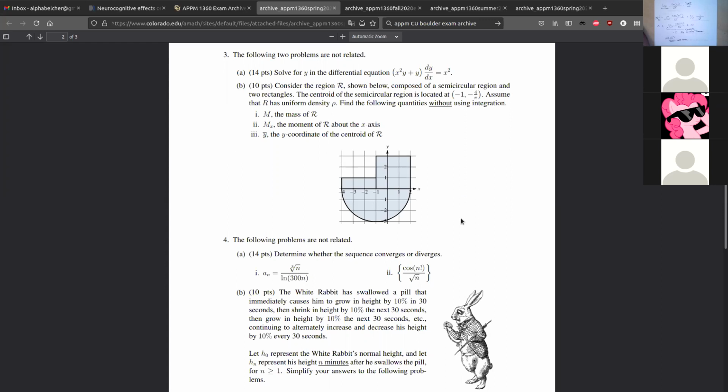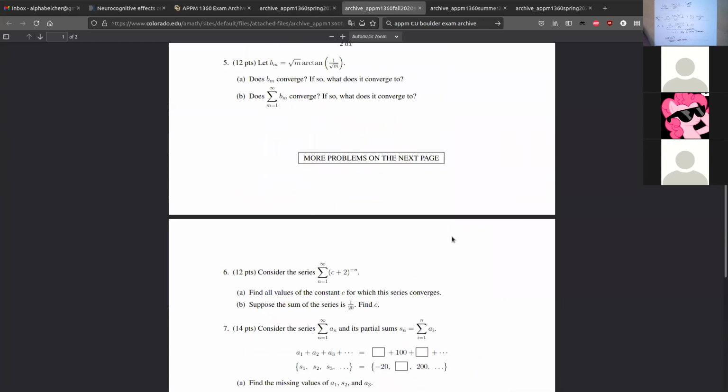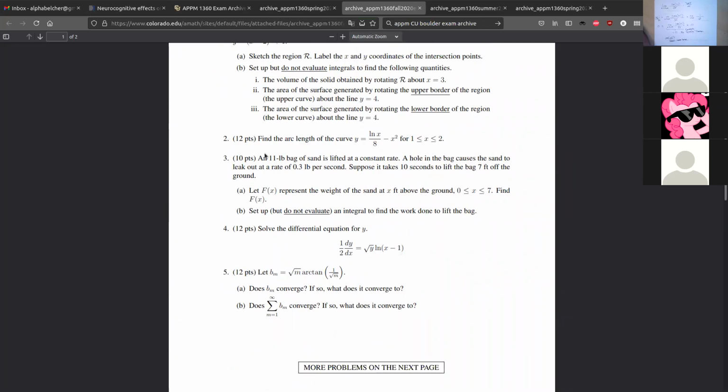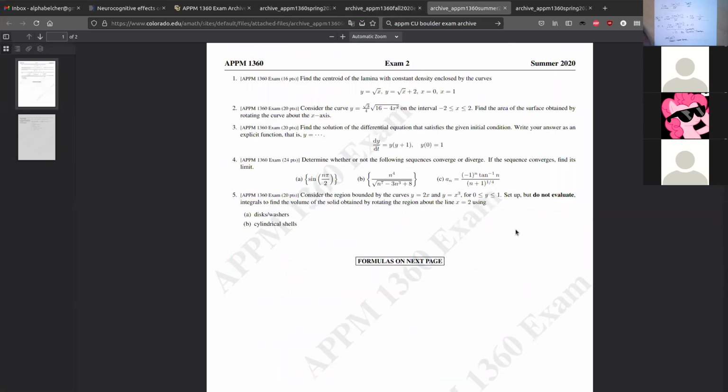Looks like we've got a center of mass problem. We've got a bag of sand being lifted. No work problems here. Here, centroid, so center of mass.